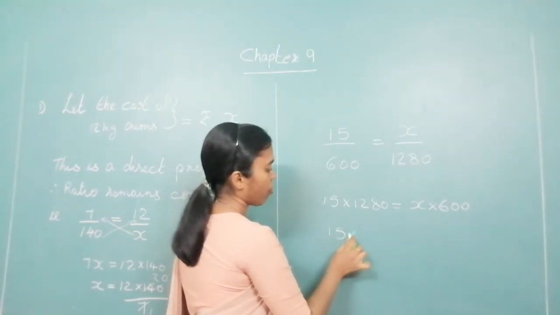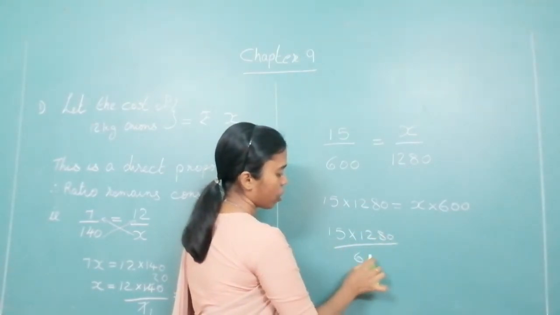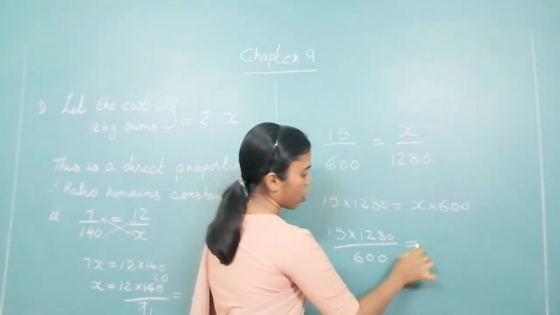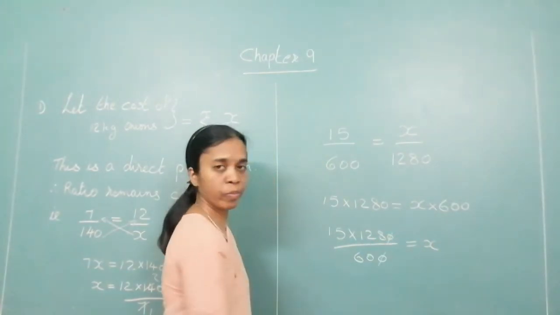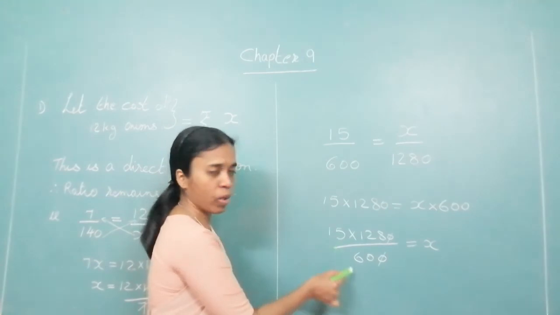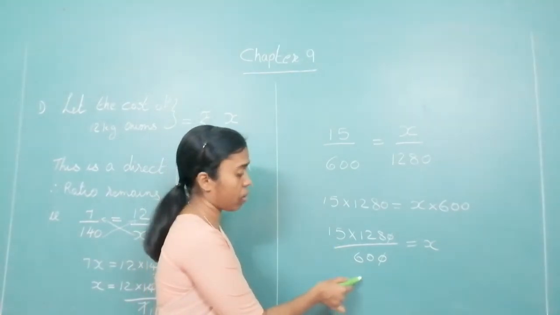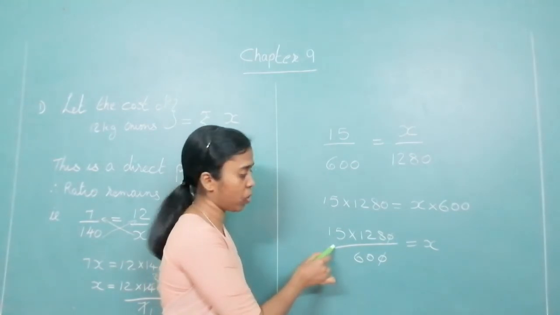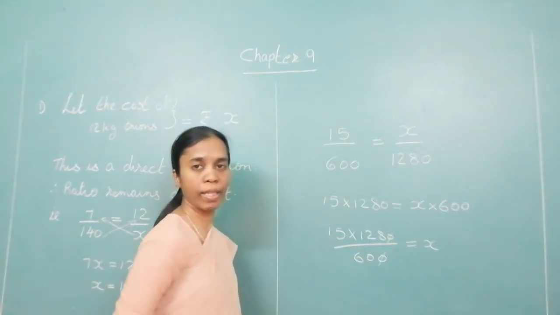So 15 into 1280 upon 600 is equal to X. Cancel this 0, and I suppose the remaining calculation you can do. 15 comes in 60, 60 comes in 15 stable, so you can cancel that and that will get cancelled over here. You will get the number.